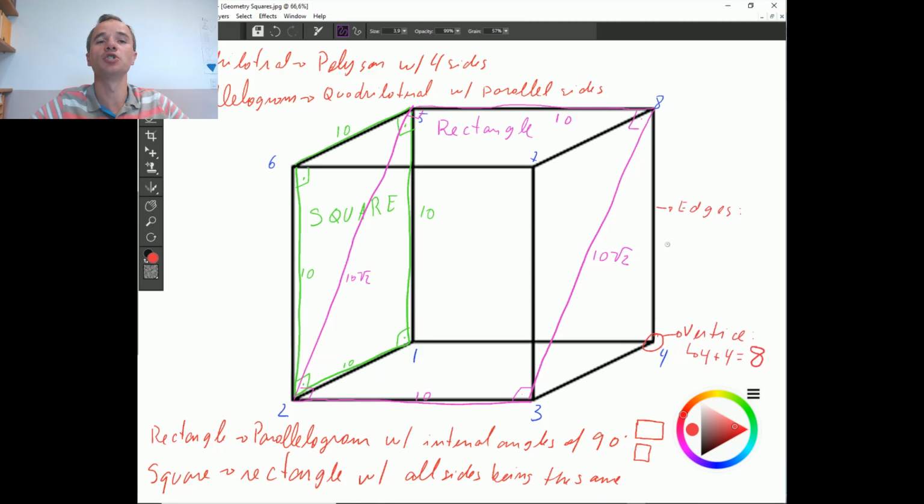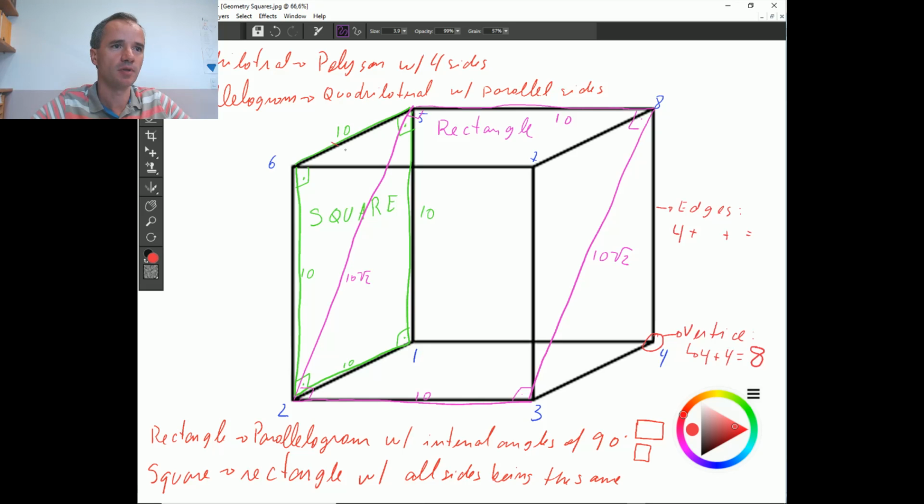How many edges do we have? It's going to be a sum of 3 things. Well, we have those 4. 1, 2, 3, 4. Okay, 4 at the top, 4 at the bottom, and 4 laterals. So we have 4 edges on the top.